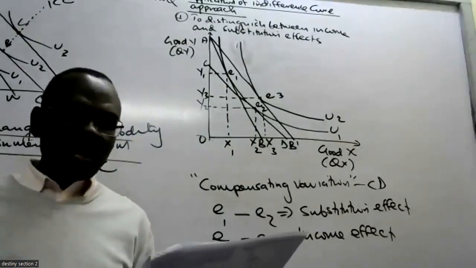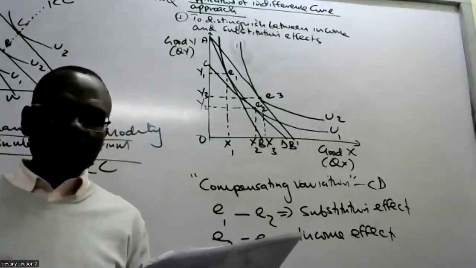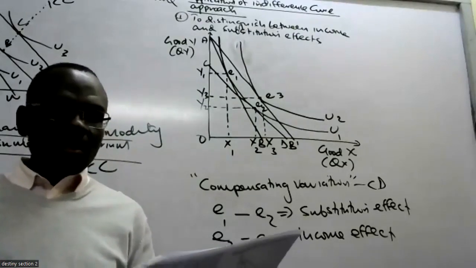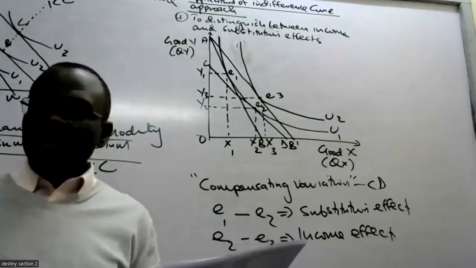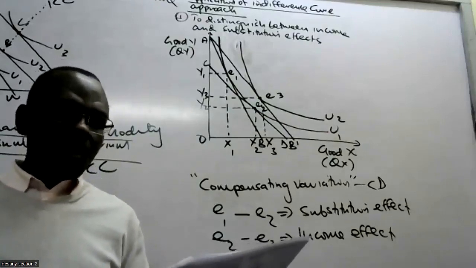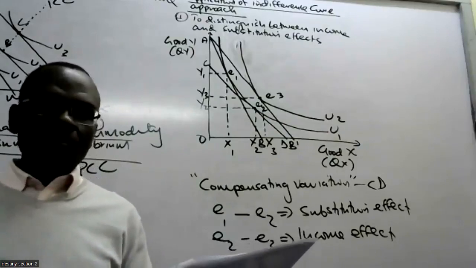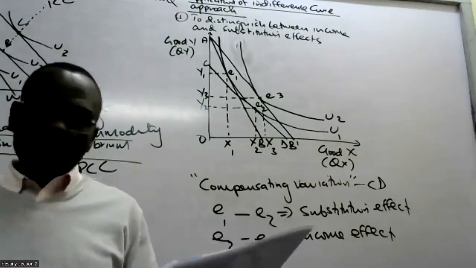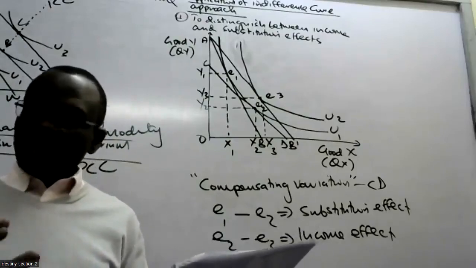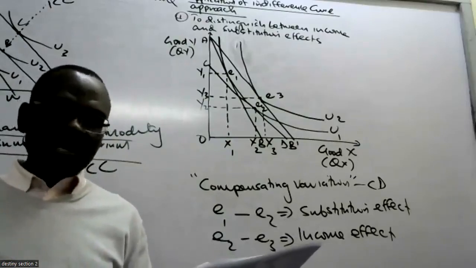At the same time, the fall in the price of commodity X will make the consumer better off, i.e., he experiences an increase in his real income. This may induce the consumer to buy more of commodity X, or more of commodity Y, or more of both commodities. This is called the income effect. So consider the diagram.